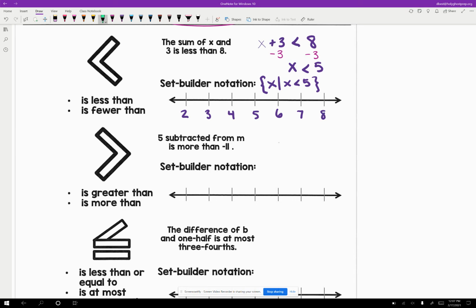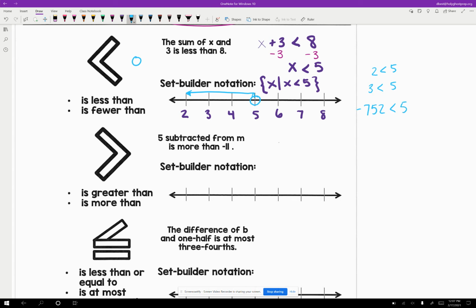And because I am less than, I know equal to, remember we're going to do an open circle on 5. These are the problems where we draw a line in the direction where all the values satisfy it. So to the left, all those numbers are less than 5. So I draw a line that goes to the left. Because any of those numbers over to the left, I could plug in and say it is less than 5. So 2 is less than 5. 3 is less than 5. I could do negative 752, and that's less than 5.